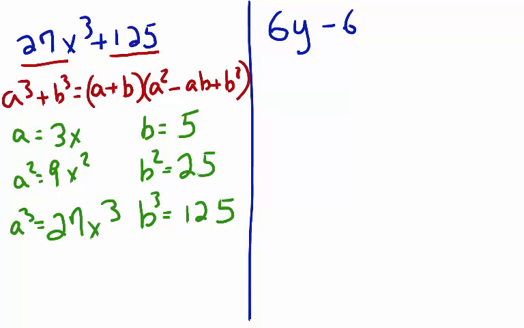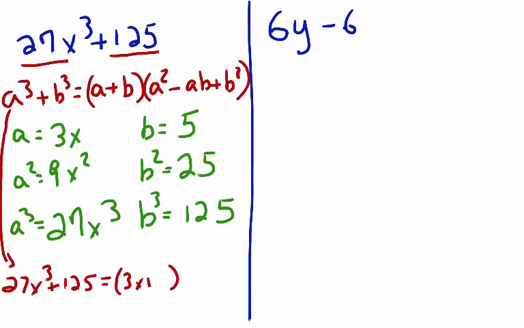So, a cubed plus b cubed represents our original problem, 27x cubed plus 125 equals, and now we write this expression in factored form. In place of a plus b, we'll write 3x plus 5 times, and in place of a squared, we substitute 9x squared minus ab, that's going to be minus, and we have 3x for a, 5 for b.